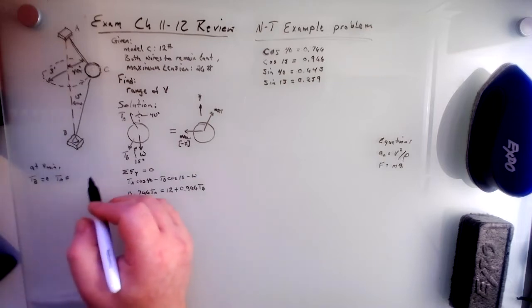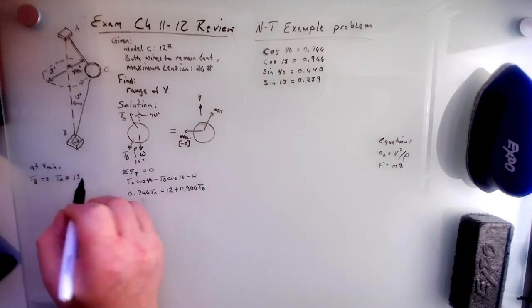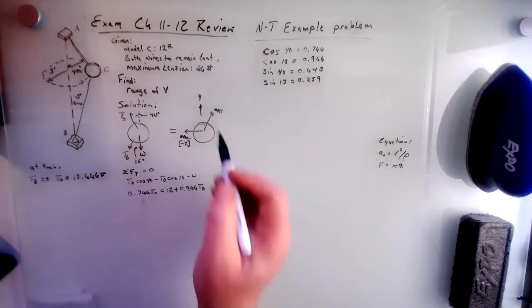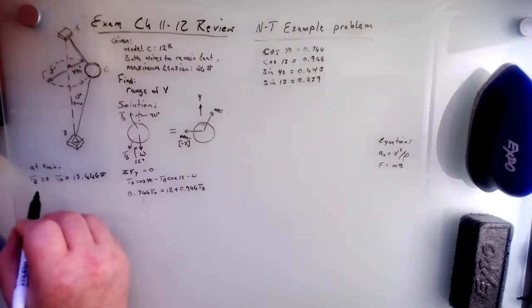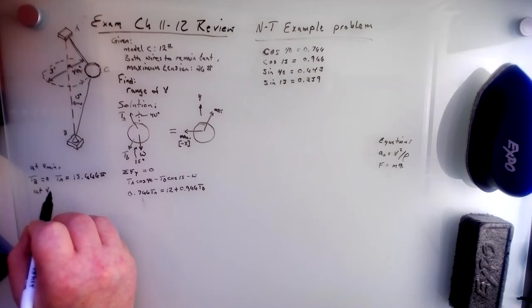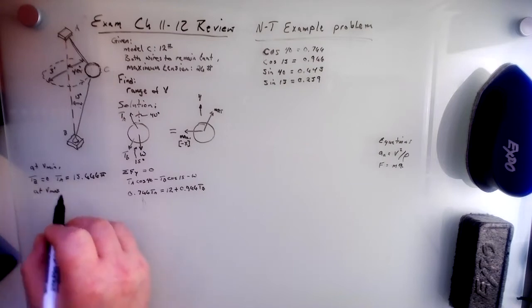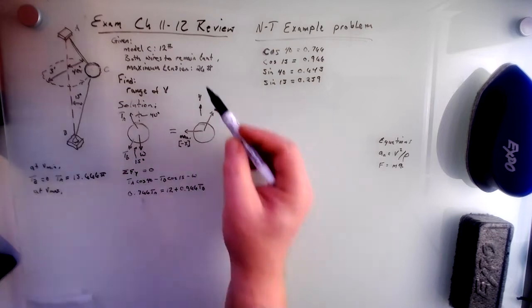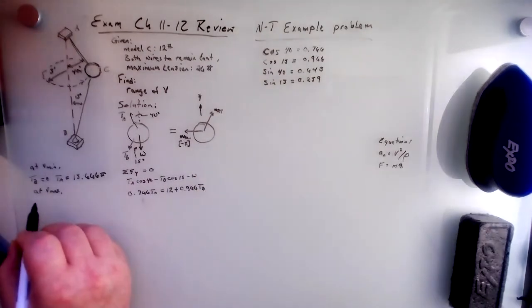Okay, and that is 15.666. That'd be pounds, right? We're in pounds. Okay, so at V max, TA equals 26 pounds.